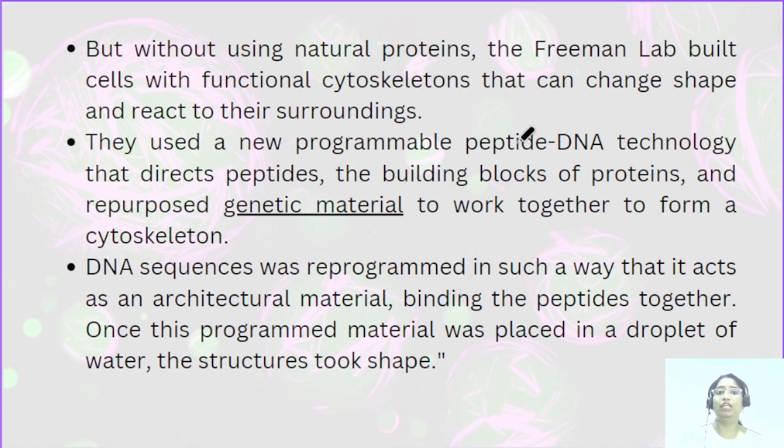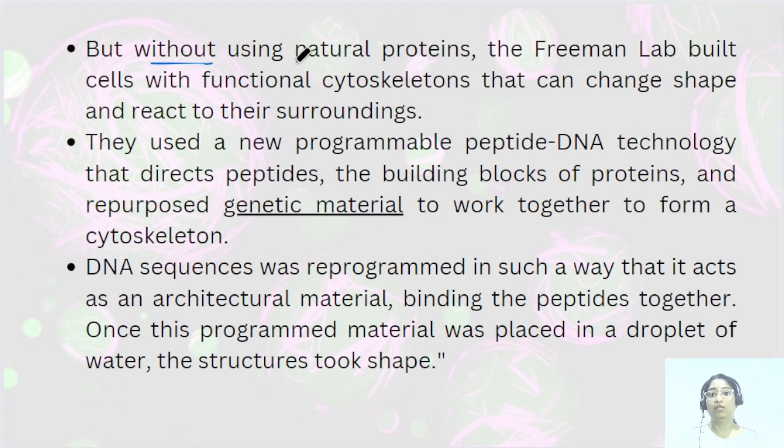They did not use any natural proteins. Isn't it amazing? So how did they make a cell? Because we know that proteins are essential for the cell. So without using any natural proteins, they built a new programmable peptide DNA technology.